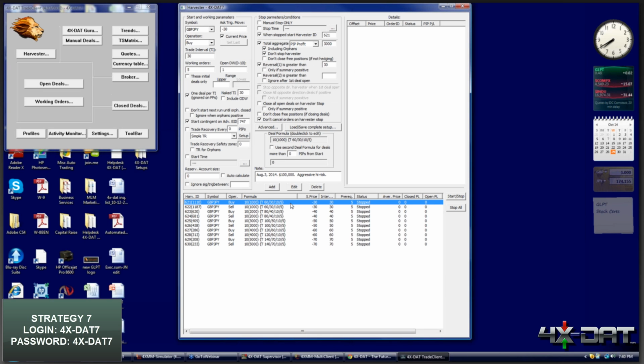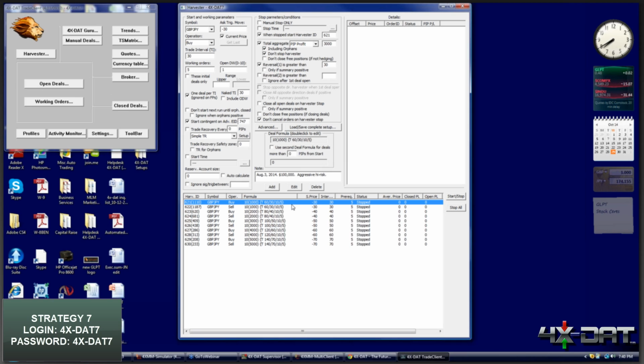I don't recommend this. It is here for you guys to see that not every setup suits every market, and this actually goes to prove that you shouldn't use a strategy without some type of trade recovery.